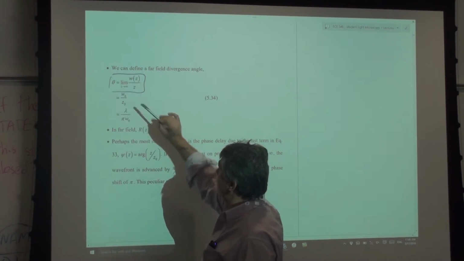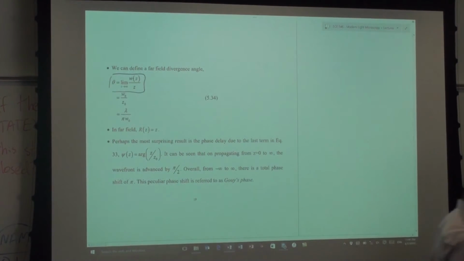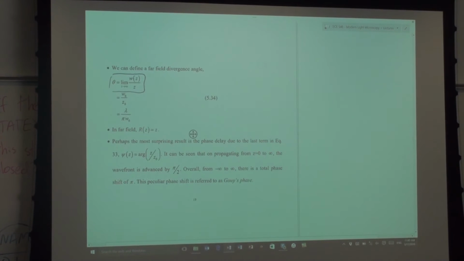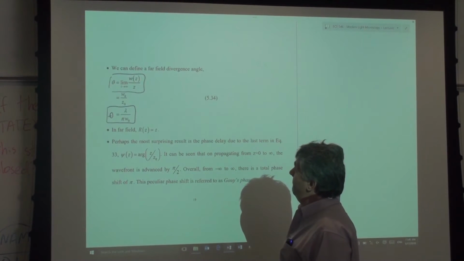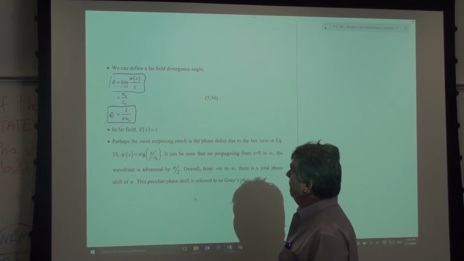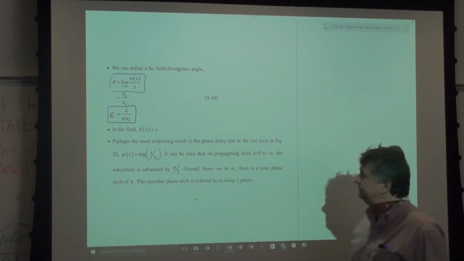Okay, so theta is W over z, or lambda over pi W naught.